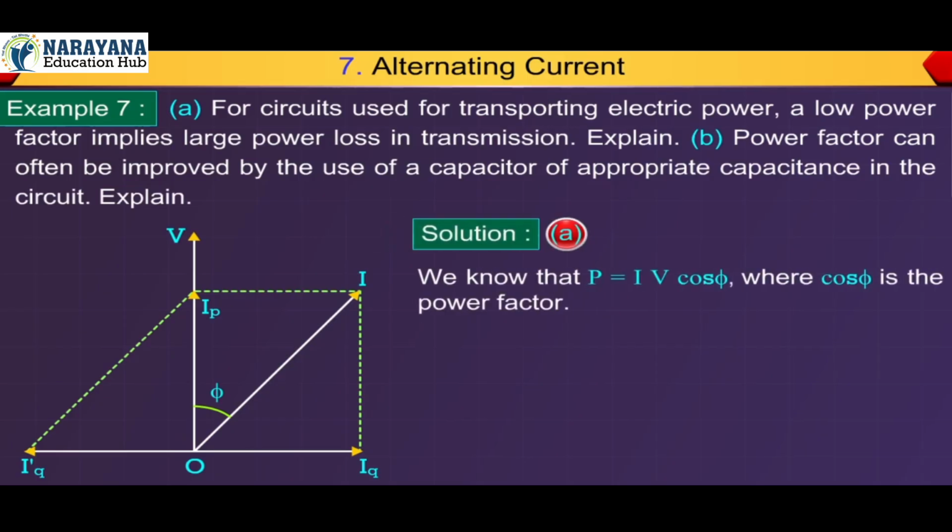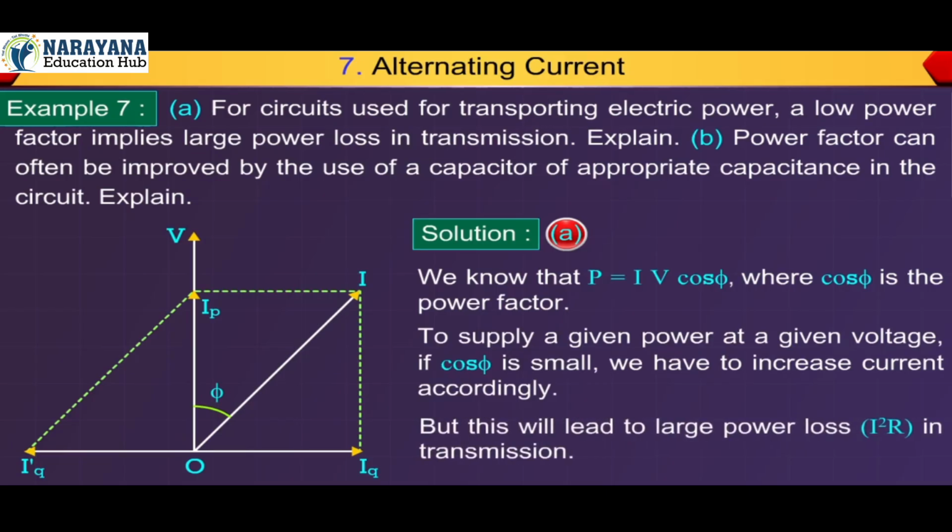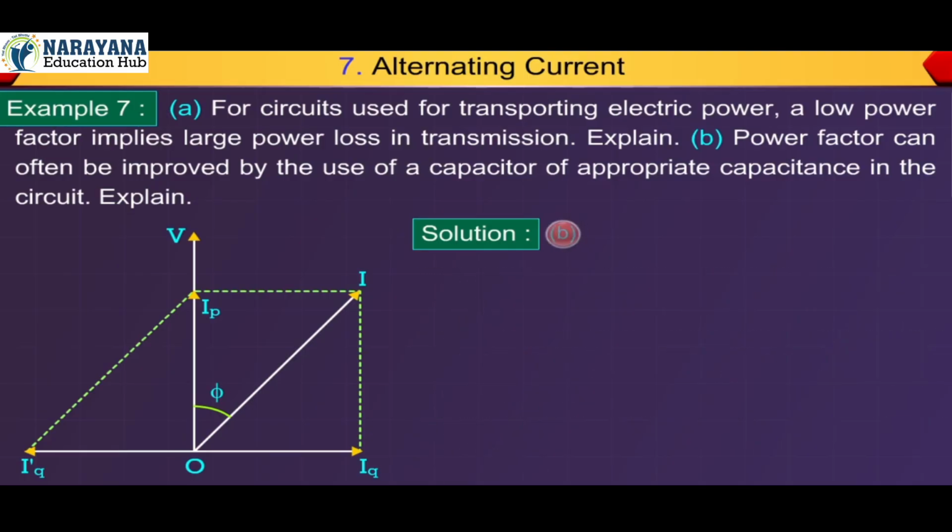Solution. a. We know that P is equal to IV cos phi, where cos phi is the power factor. To supply a given power at a given voltage, if cos phi is small, we have to increase current accordingly. But this will lead to large power loss, that is I square R, in transmission.